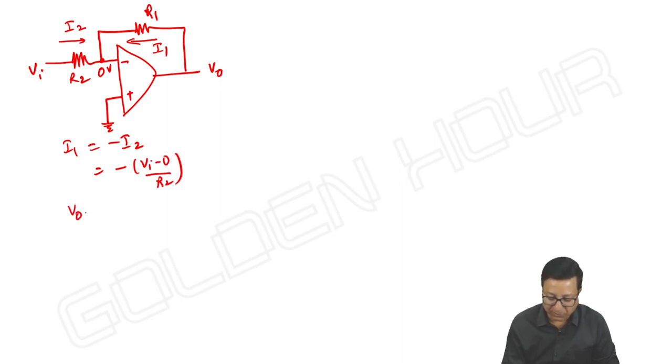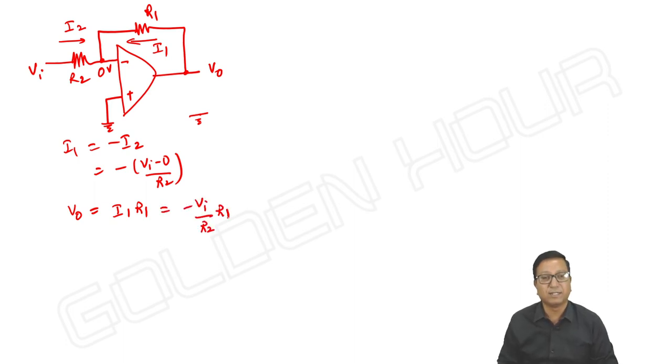Then what about V output? I said voltage across R1, or voltage at this point with respect to ground, or voltage at this point with respect to virtual ground. Voltage across R1 is my output. But what is I1, friends? It is minus Vi by R2 multiplied with R1.